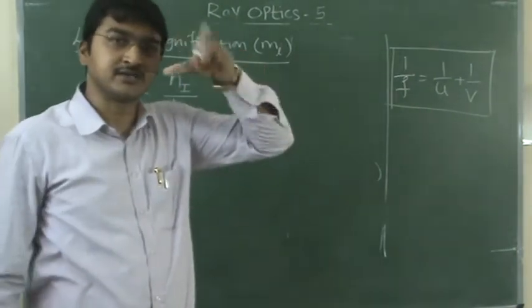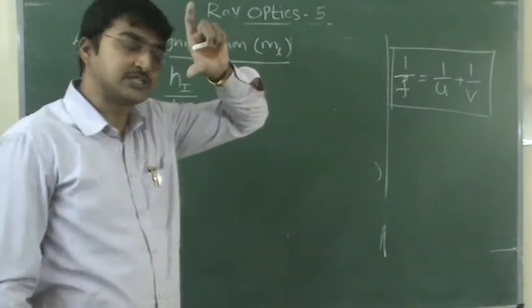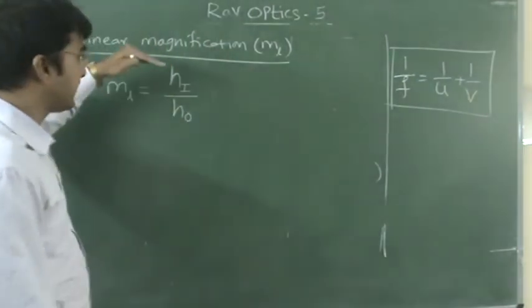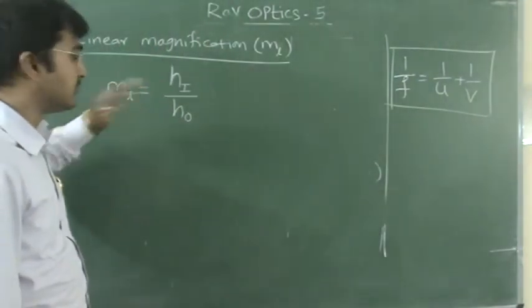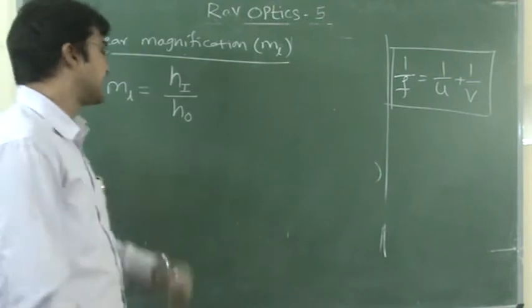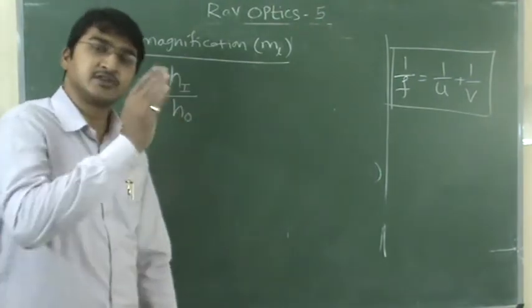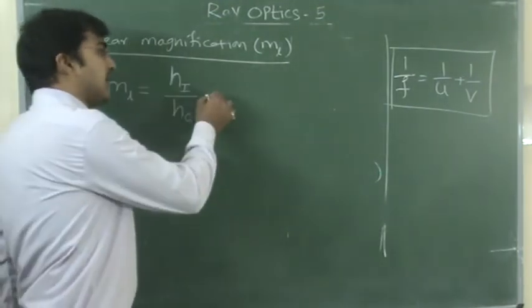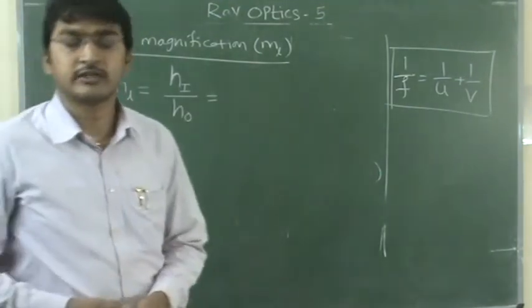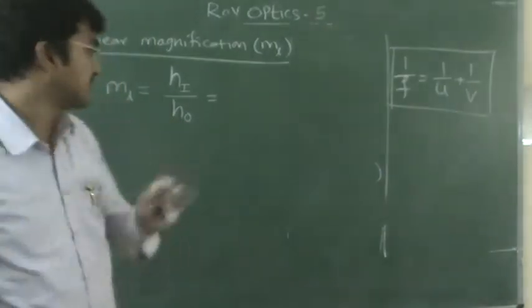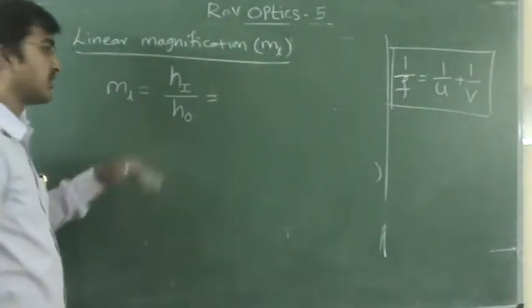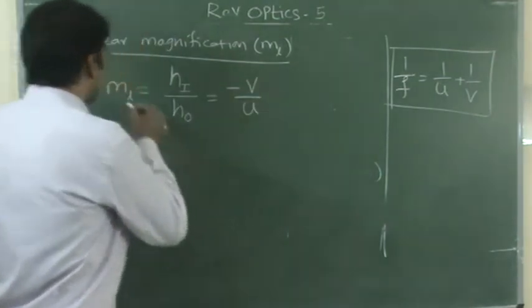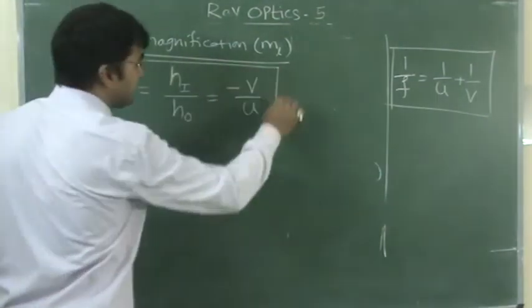Height of the object is H naught, height of the image is HI. So the ratio of the height of the image to the height of the object is what we call linear magnification, and HI by H naught is equal to minus V by U. So remember this equation.